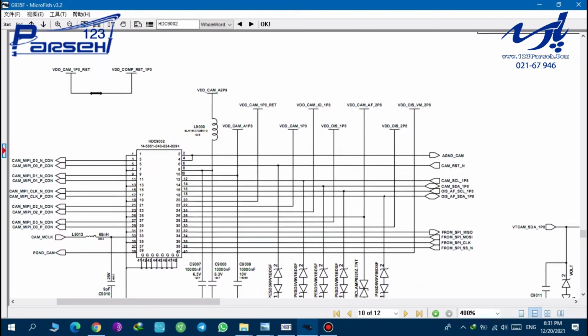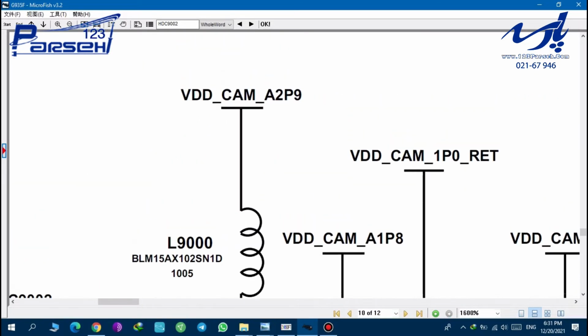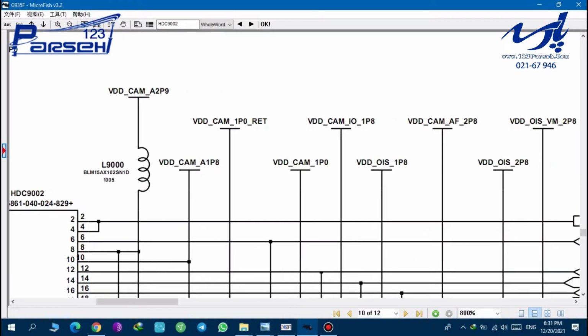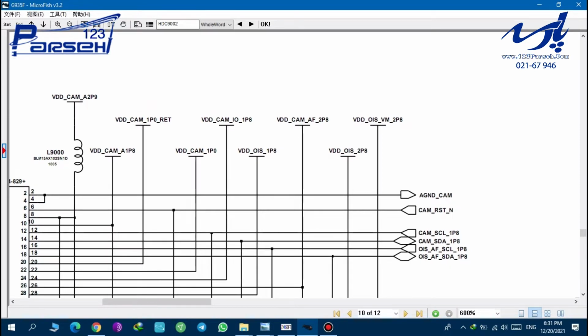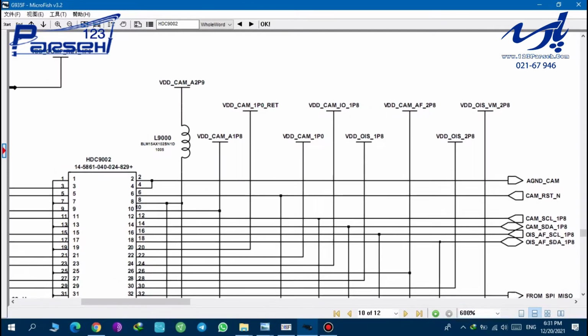There are several things about the camera. First, it's about the voltage. As you can see, we have VDDs for the cameras. As you can see, these are all about the camera, so we have to check all of them.